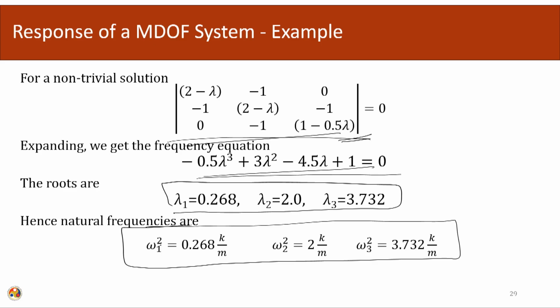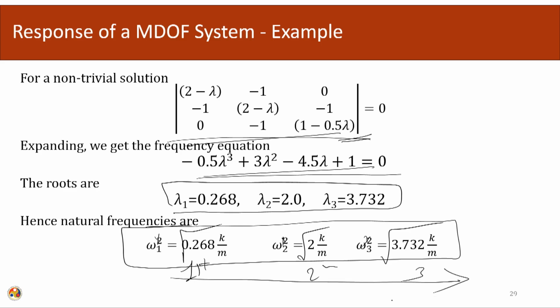The frequency will be the root of this term. This is the first frequency, then the second and the third, arranged in increasing order. The lowest one is also called the natural frequency of the system.